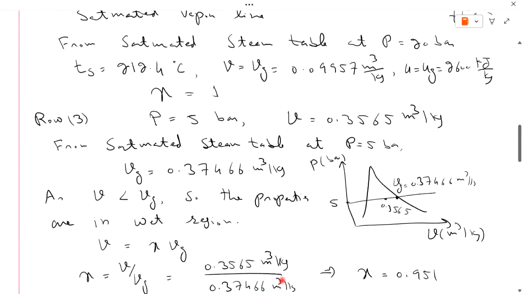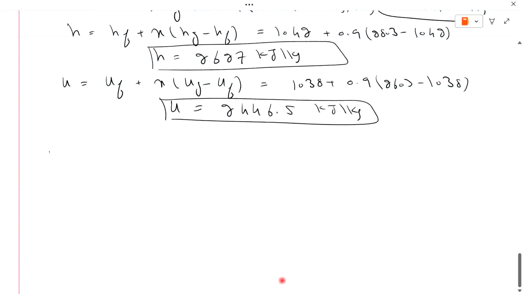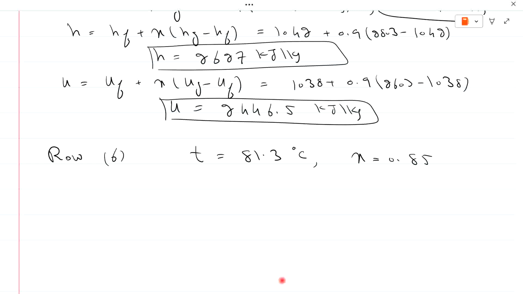Temperature is 81.3. At row number 6, temperature given is 81.3 degrees centigrade and dryness fraction is given as 0.85. So from saturated steam table, as dryness fraction x is 0.85, it means the properties are in wet region.